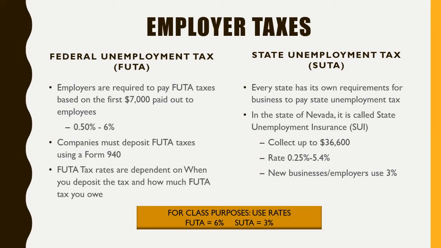Now, in this case, this 6%, again, this is the company's responsibility to pay for unemployment tax, okay? So again, this is your Form 940. And again, we talked about the size of the company. So in this case, if we have 20 employees, right, and let's say we are a sole proprietor, right?